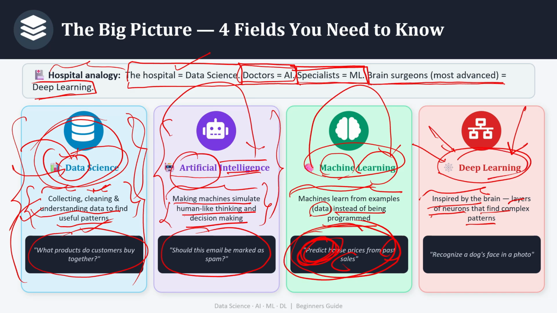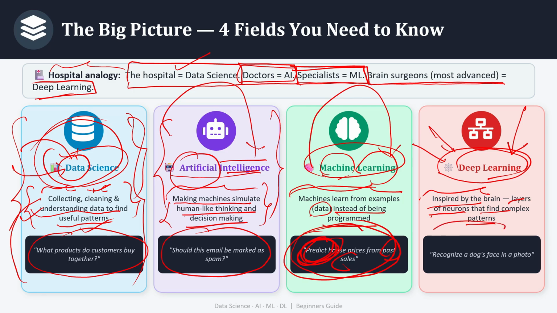Similarly, deep learning is a technique completely based on the human brain, with different kinds of neuron models to find complex patterns and take fast decisions.